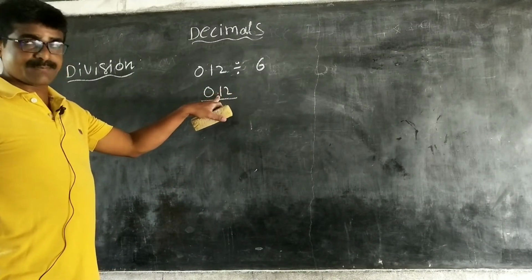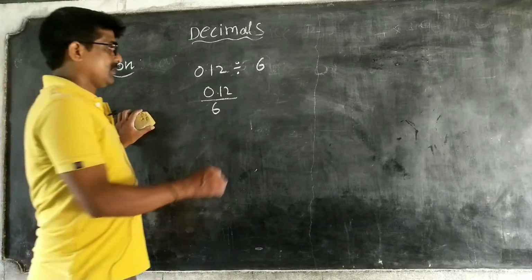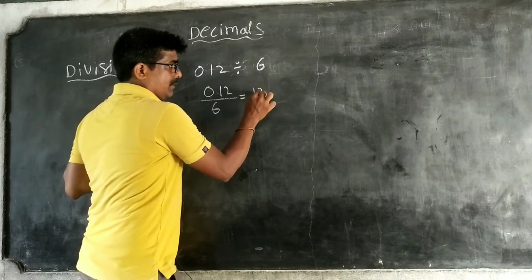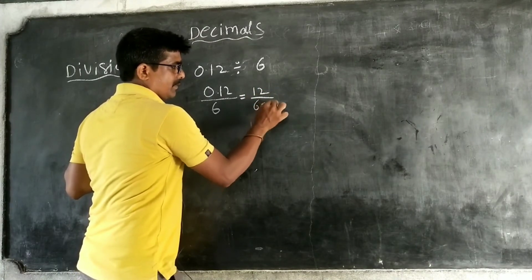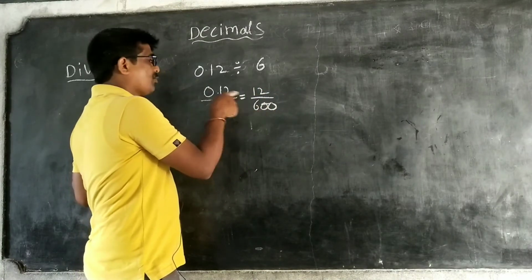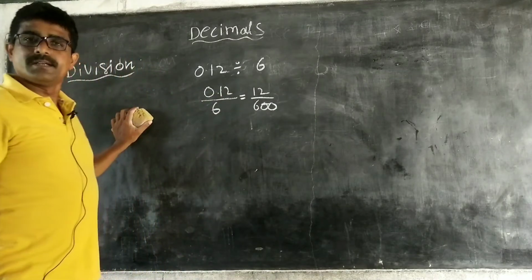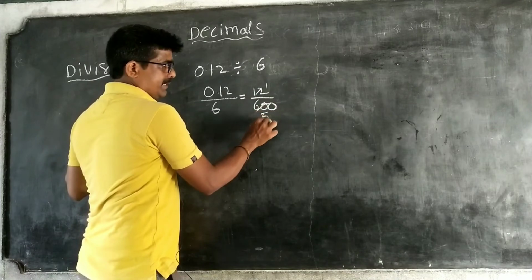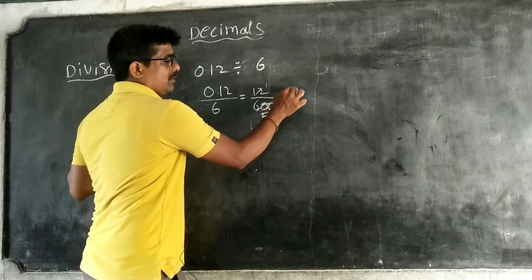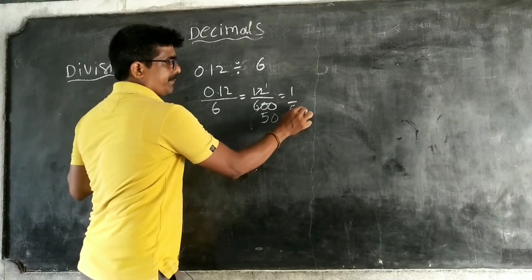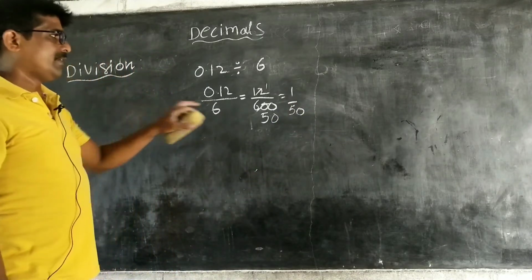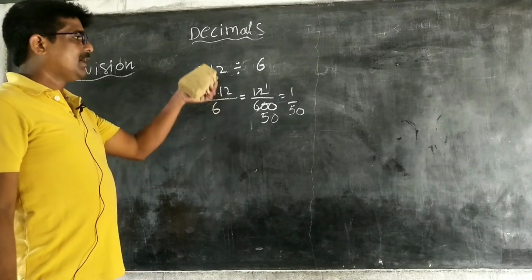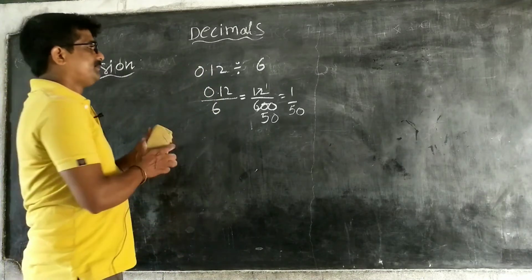The point is after 2 decimal places, so you have to write that many zeros down here, with the 6. So you keep the zeros down, then automatically you remove the point. So 12 ones are 12, 12 fives are 60. That is equal to 1 by 50. Okay? So whenever it's 12 by 600, you already know how to do the division, same like that.